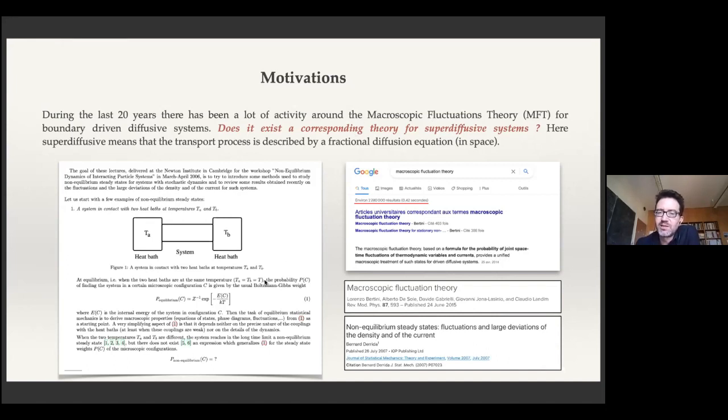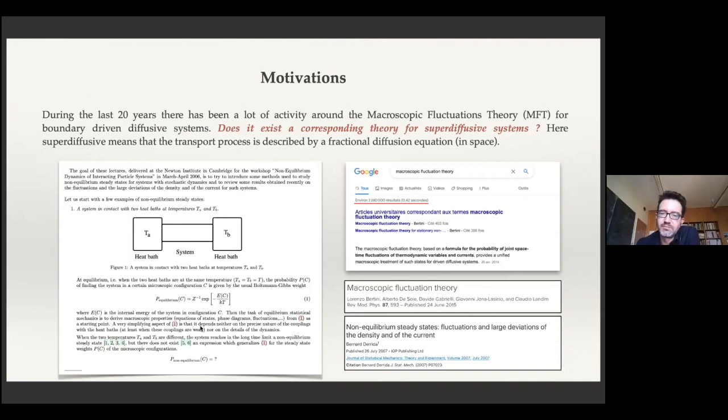When you are at equilibrium, for example if you take a system in contact with a thermal bath, and the temperatures of the thermal baths are the same, then we know that the equilibrium state of the system is described by the Gibbs formalism. But as soon as the temperatures are different, the non-equilibrium stationary state, in which you have some flux of energy or of particles between the reservoirs, is usually not explicit.